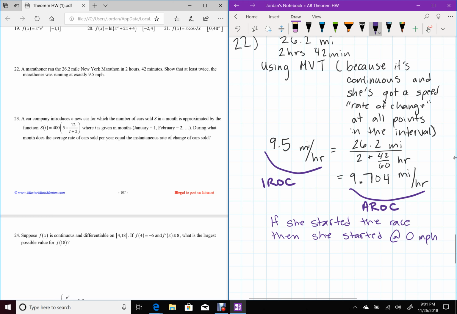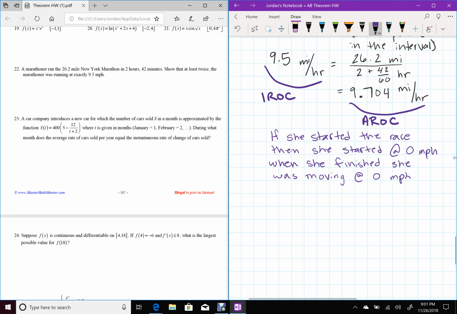And when she finished it, she also ended. So when she finished, she was moving at 0 miles per hour.